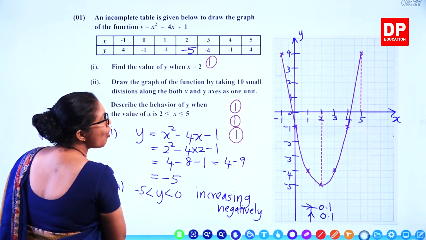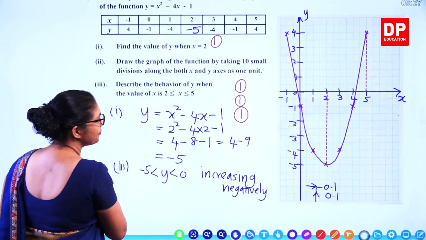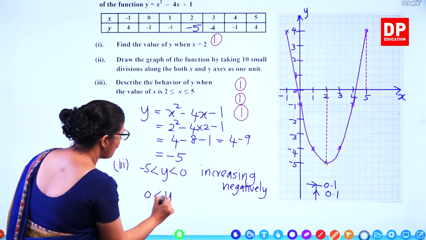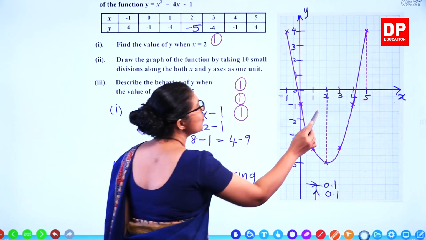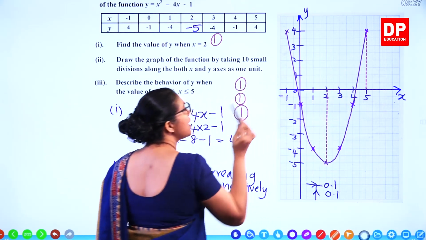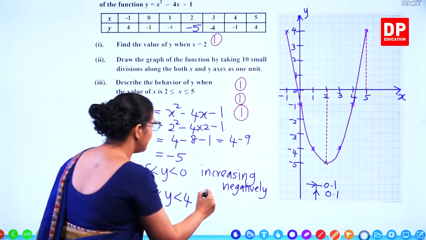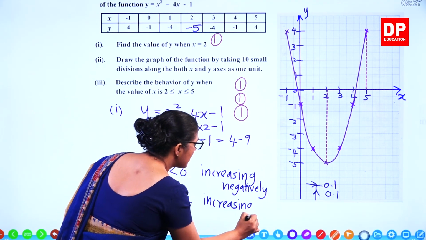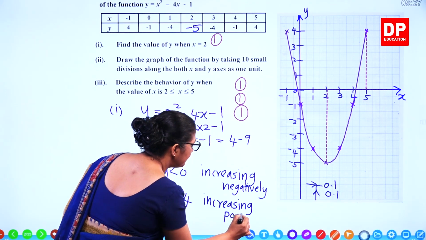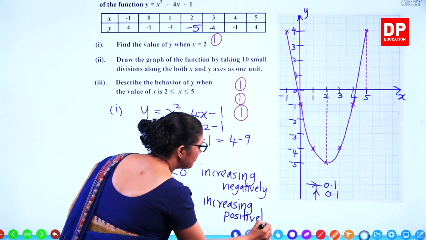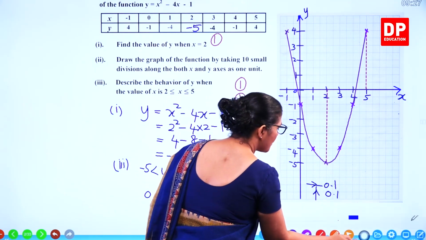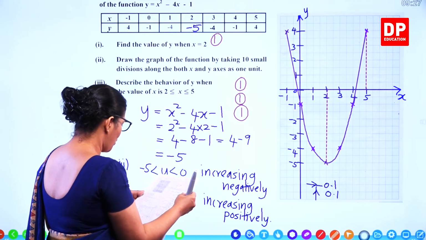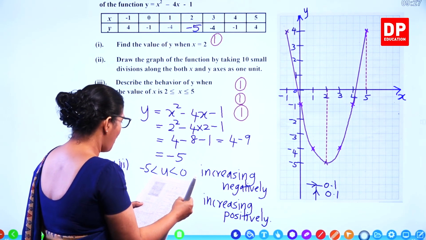Then from 0 to 4, y equals 0 to 4. What can you say? That's also increasing, but increasing positively. So for that step, how many marks? You get 2 marks for that.